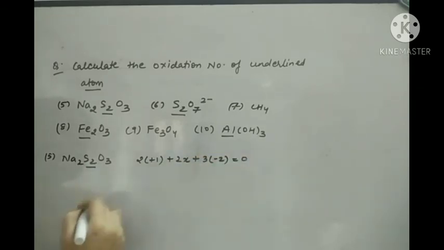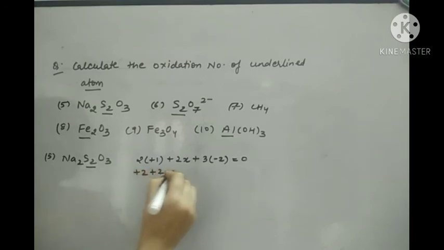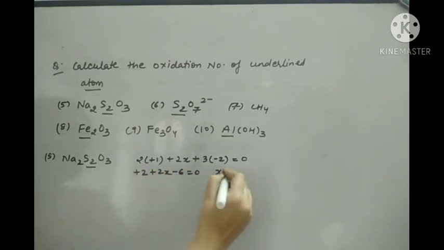In total it is 0. So plus 2 plus 2x minus 6 equal to 0. So what is x here? Because 2x minus 4 is 0, 2x is 4, so x is plus 2.